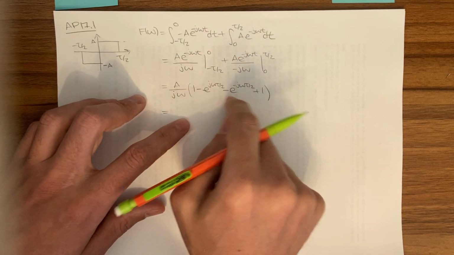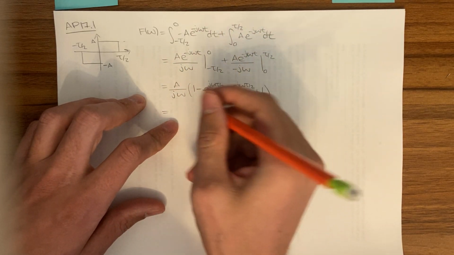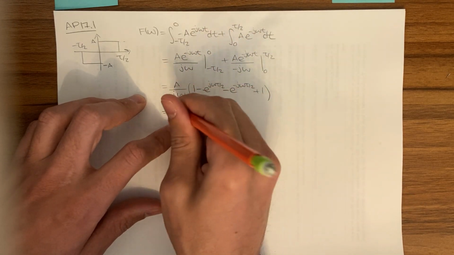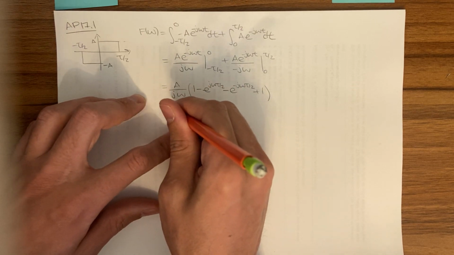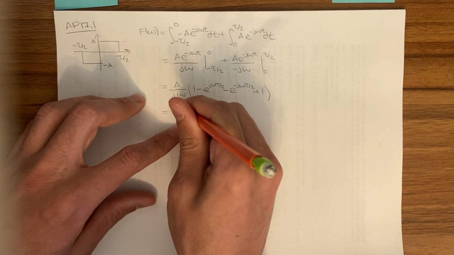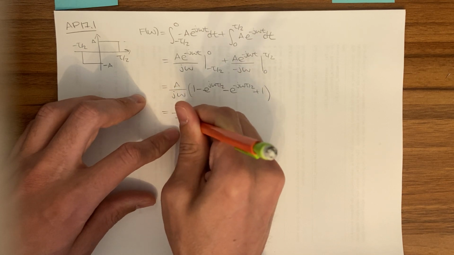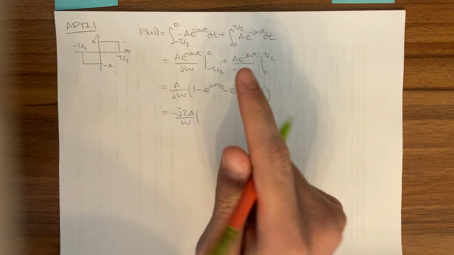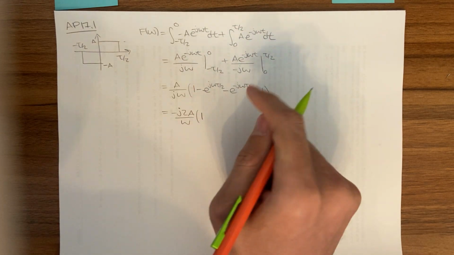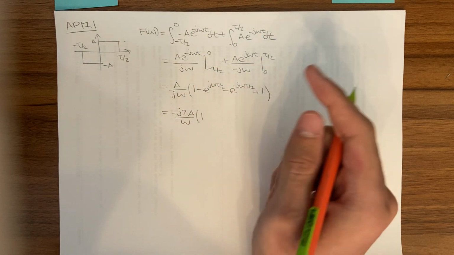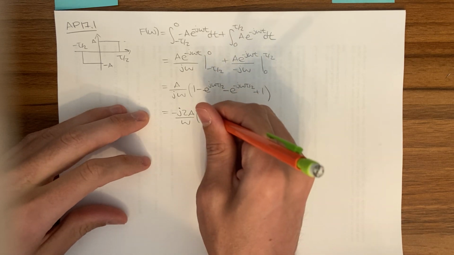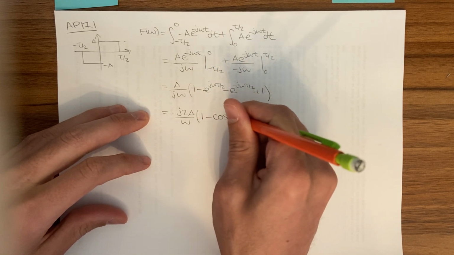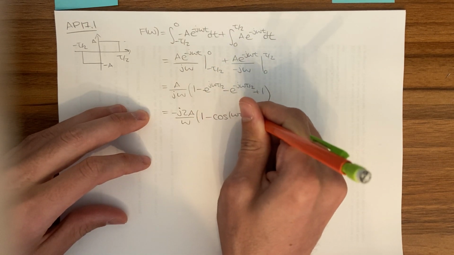So I'm going to take 2 out of this, and I'm also going to move that j to the top. So now we have minus j 2a over omega. And then 1 plus 1 would be 2, but we took the 2 out already, so that's just 1 now. And this, again, is an Euler identity for a cosine. So it's minus cosine omega tau over 2.